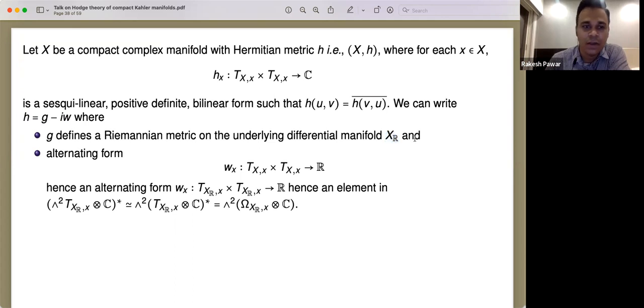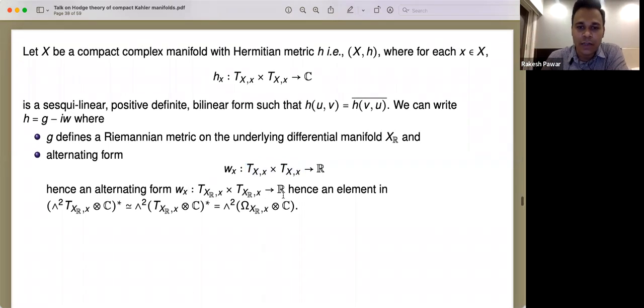Okay. And what is this w? So this w will give me an alternating form on this complex vector space with R-valued function. So it's an alternating form. So if you evaluate on the tuple (u,v), whatever you get will be minus of whatever you evaluate on (v,u).